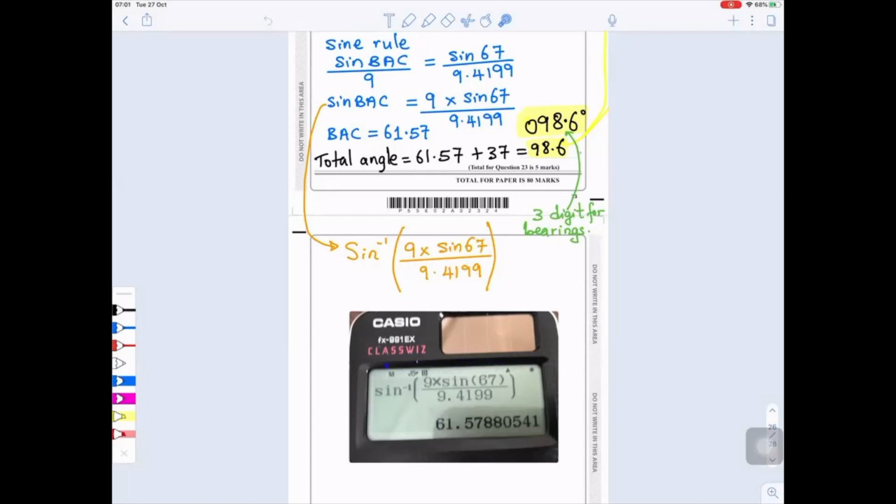You can see there in the calculator, that will give you 61.5788. Then you add that to 37, and that will give you 98.6 degrees. But bearings are supposed to be given in 3 digits, so you write it as 098.6 degrees.